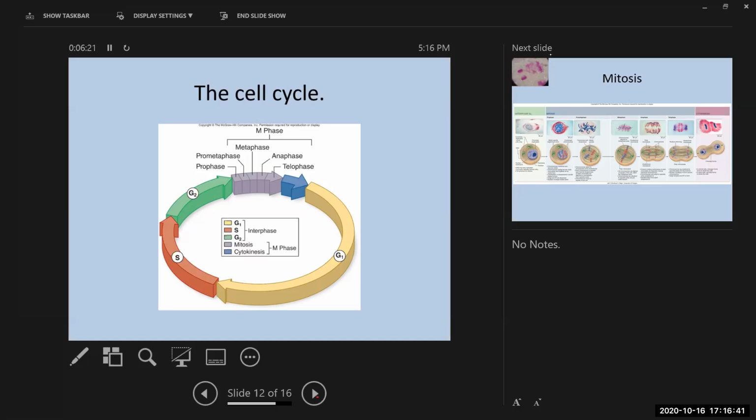We're going to be looking at the roots of the onion that are actively undergoing growth. When an onion is growing and sending out shoots, those shoots are mitotic cells, and we're going to be able to look at those onion roots as they're actively undergoing mitosis and determine at what stages they are.